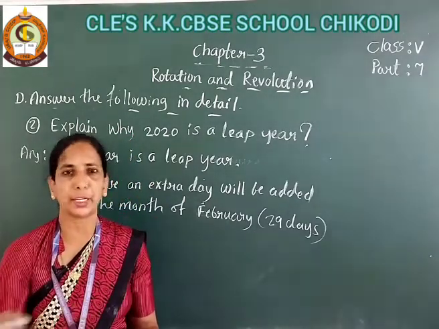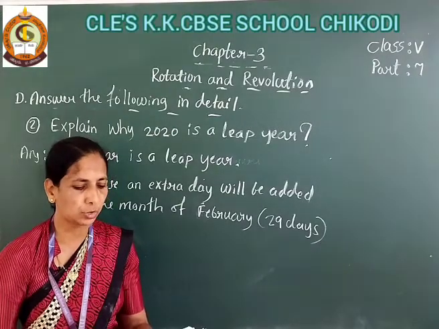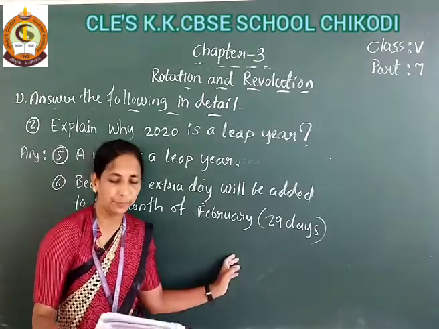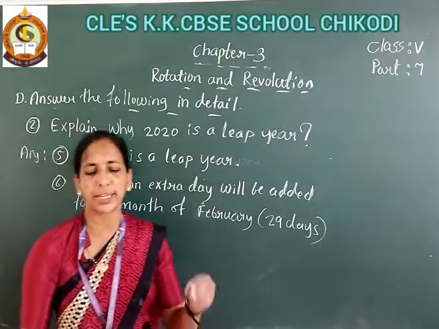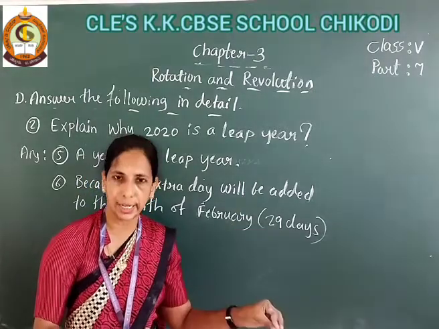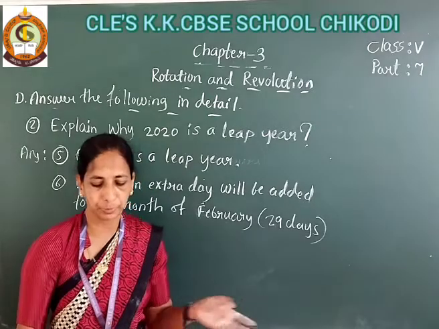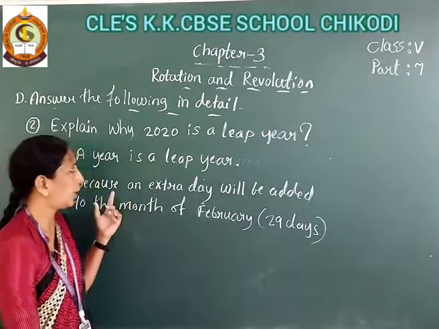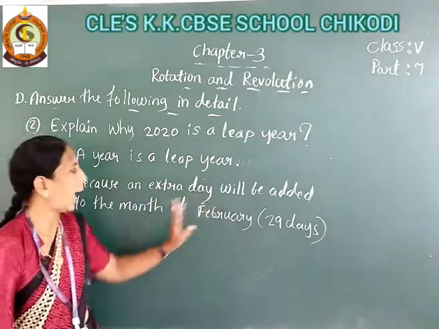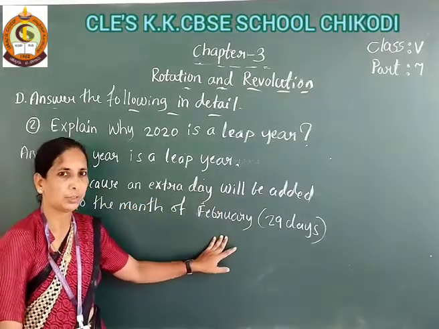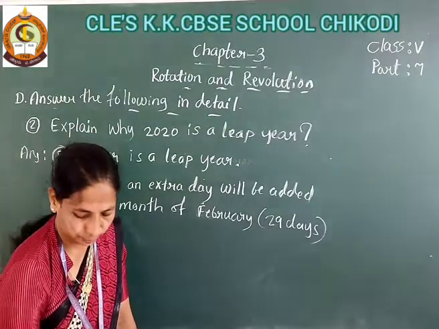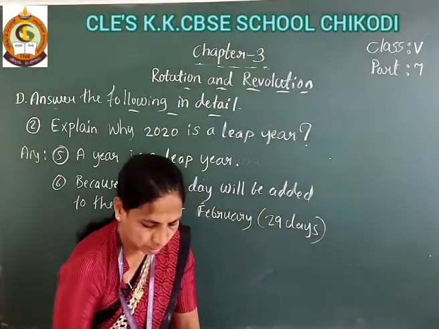In order to make calculations easy, one day is added every 4 years in the month of February, and the year in which the extra day is added is known as a leap year. So, the year 2020 is a leap year because an extra day will be added here in the month of February. So, the month of February has 29 days. Okay, students. So, next question.